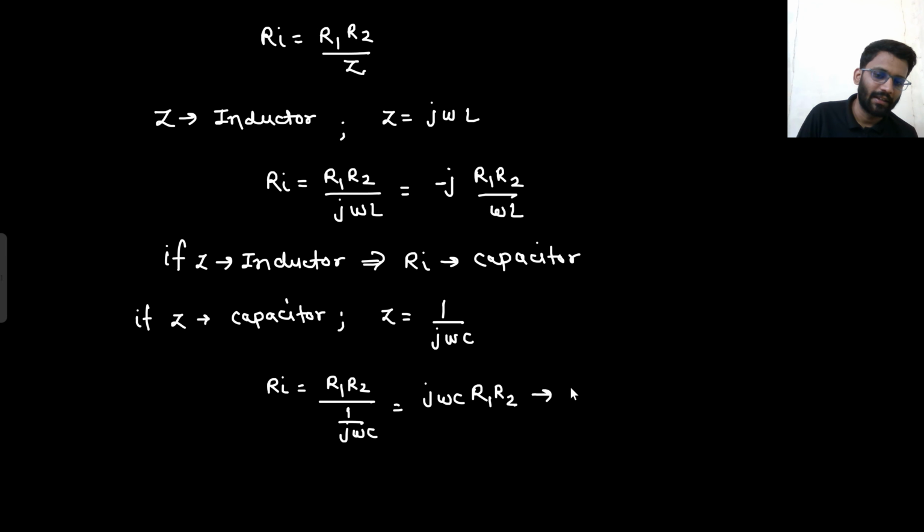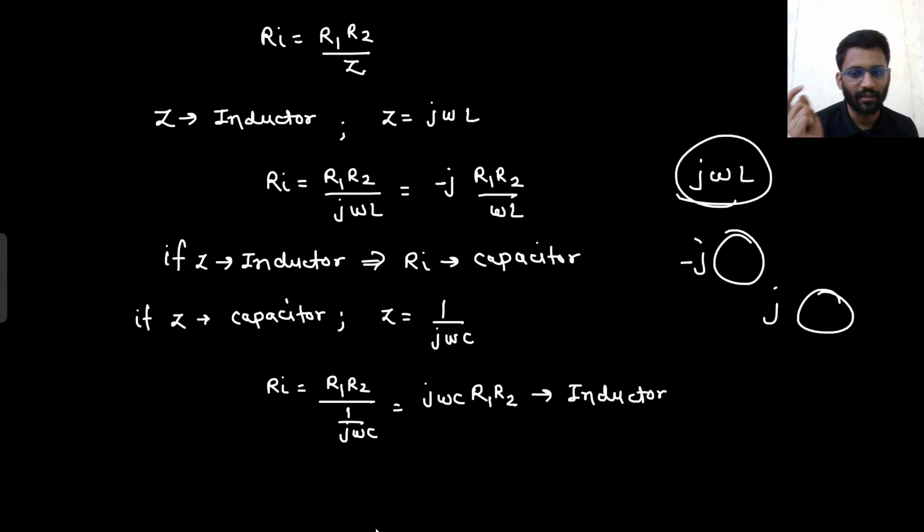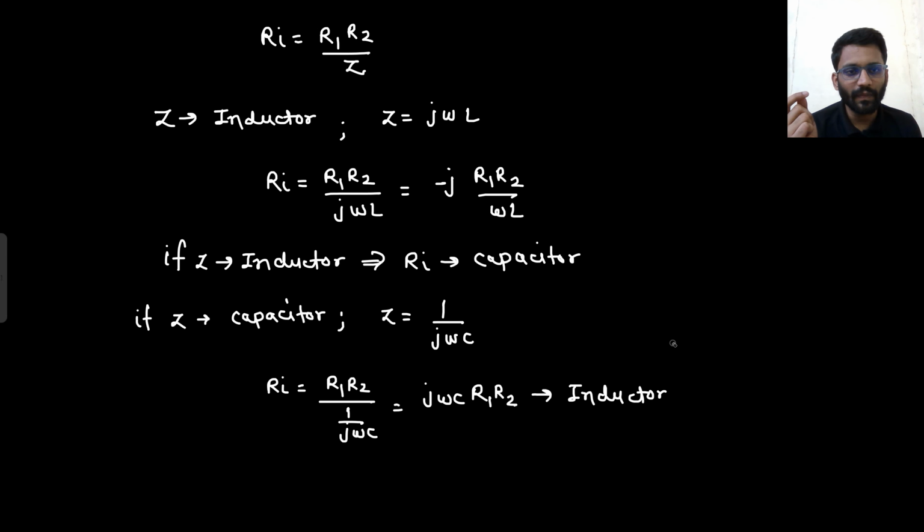This is an inductor, because what is the impedance provided by the inductor? That is j omega L, so j into some value. If it was minus j into some value, then it would have been a capacitor. If it is j into some value, then it is an inductor. So it is acting as an inductor.